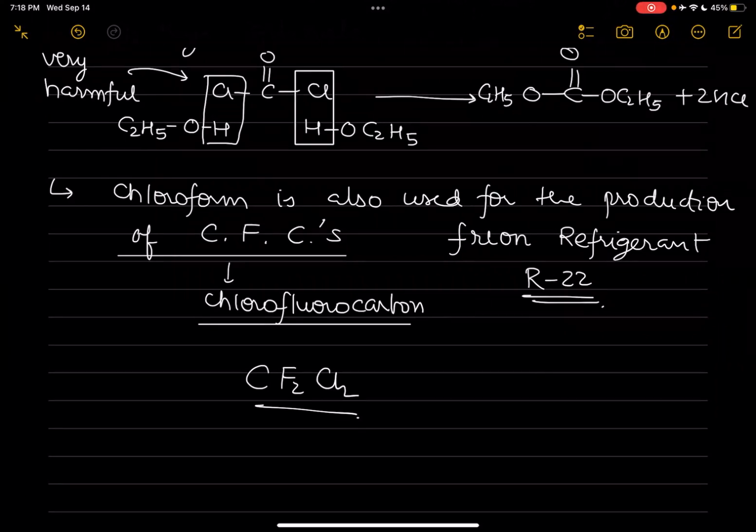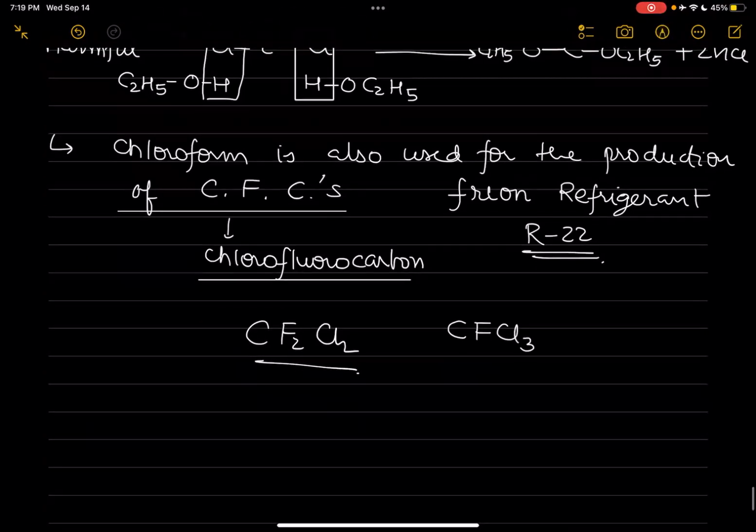Sometimes you might have also observed, whenever we install a new conditioner, there is a gas which is filled in it. That gas is actually known as freons. Chlorofluorocarbon. Is it clear? Okay. Yes, sir. Clear.